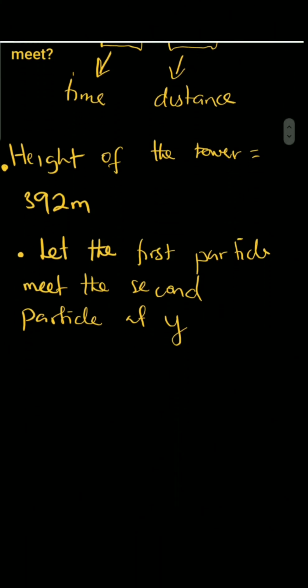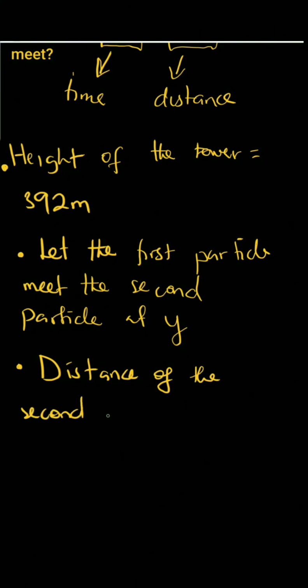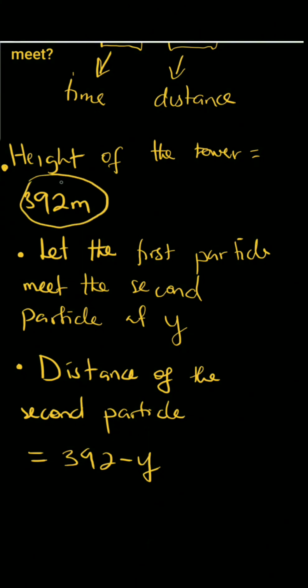Now the distance of the second particle will be equal to the height of the tower minus the value of y, which is the height of the tower, 392, then you subtract y from there. So it is 392 minus y.